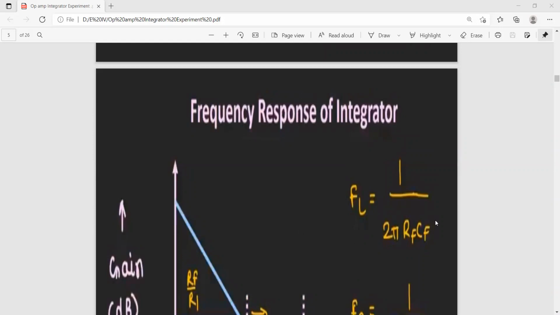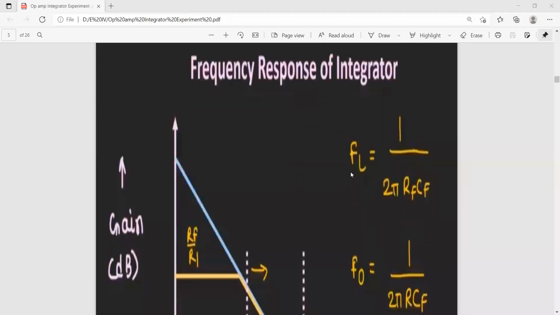Based on the values of RF and CF, your lower cutoff frequency will depend on the complete parallel connection, that is RF and CF.